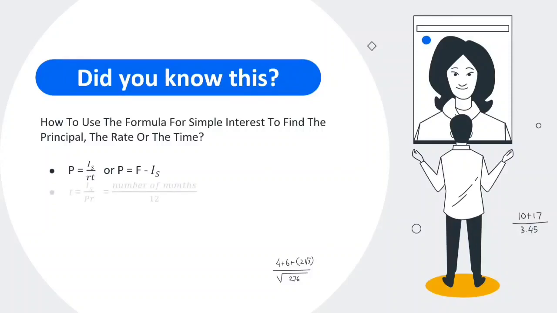Now, if we're computing for the value of T, the formula is IS divided by PR. Just remember, we need to express it in years, so it should be number of months divided by 12. And lastly, to compute for the value of R, it is IS divided by PT.